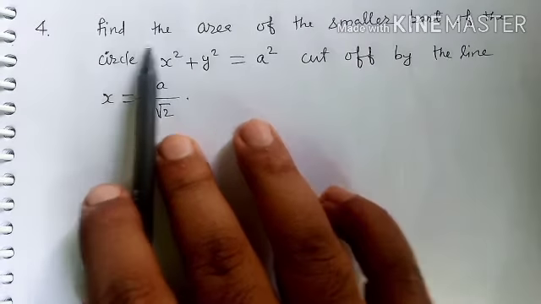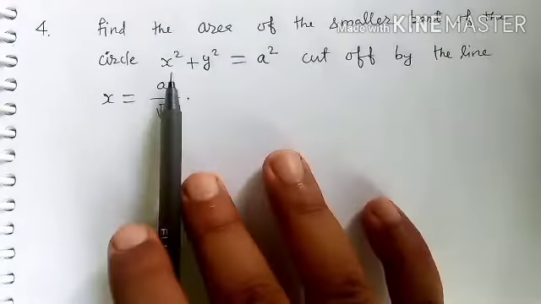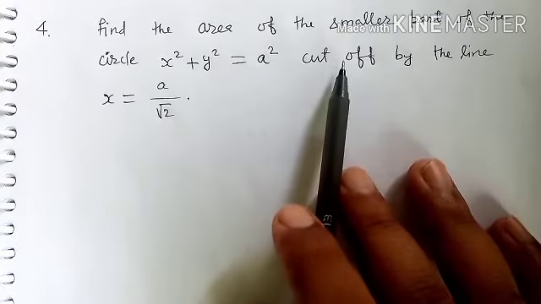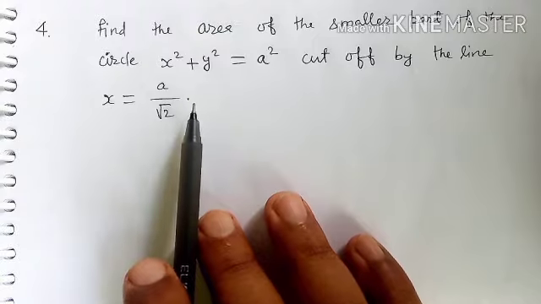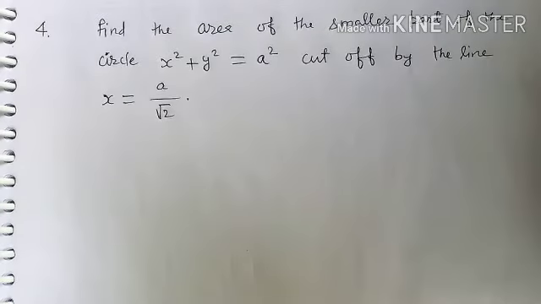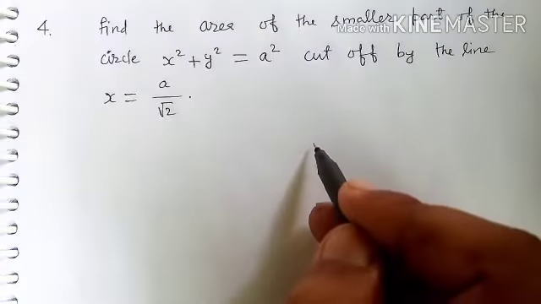Question. Find the area of the smaller part of the circle x square plus y square is equal to a square cut off by the line x is equal to a by root 2. We draw the circle.